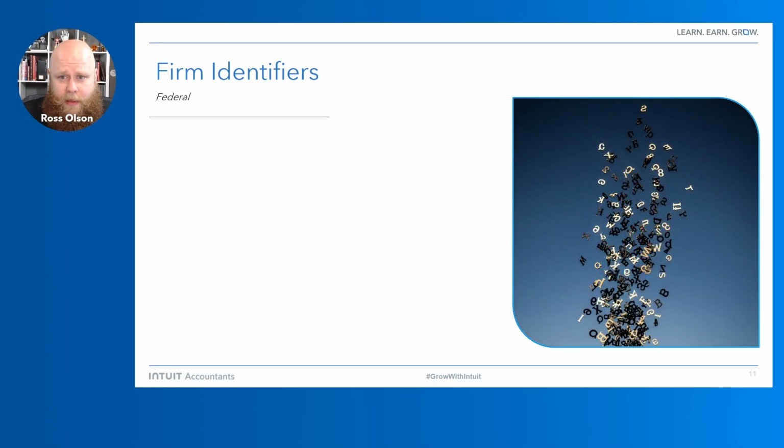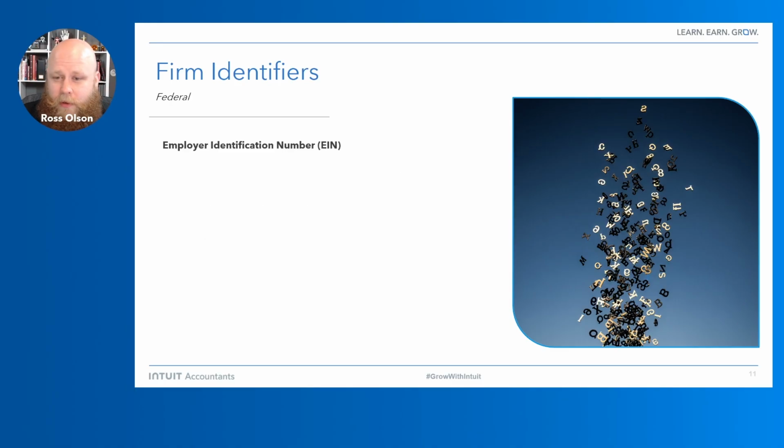Some additional firm identifiers, now shifting from Intuit letters and numbers and IDs to more of the federal side. These are probably more common, probably something you're more familiar with if you've been in the industry for a while, if you're not necessarily new to tax preparation or a business. It's the business itself. The first we'll start with is the employer identification number, an EIN.